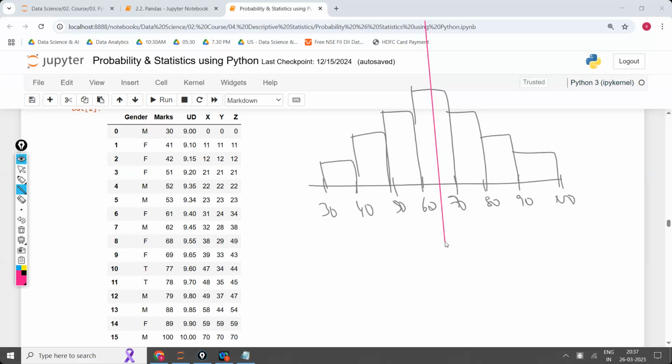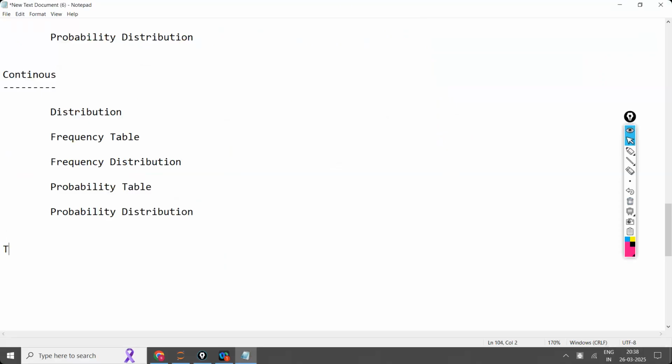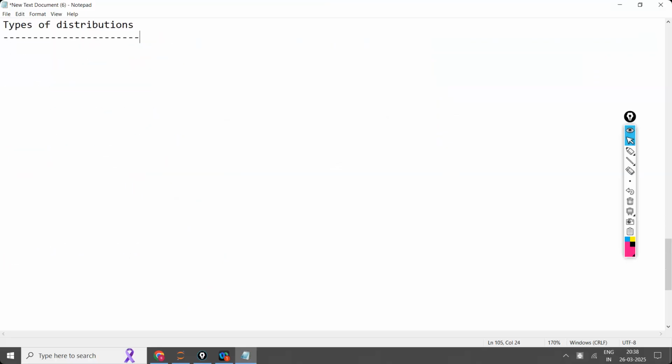Next heading is types of distribution. What are the different types of distributions we have? The first one is called uniform distribution.